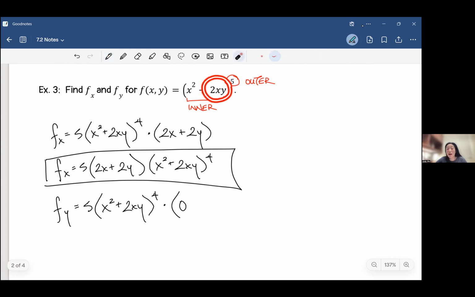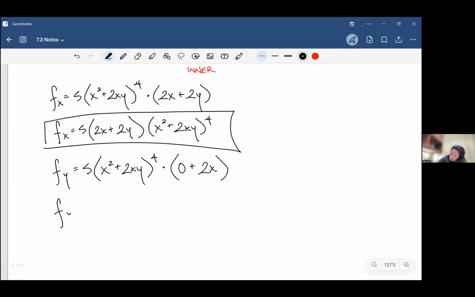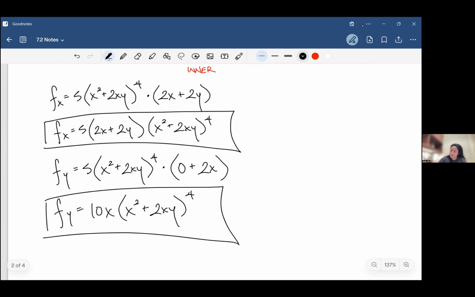And then 2xy, when I take a derivative with respect to y, is actually 2x. Okay? And so in this case, I think there's a little bit more to clean up. We could take 5 times the 2x and make that a 10x times x squared plus 2xy to the 4th.